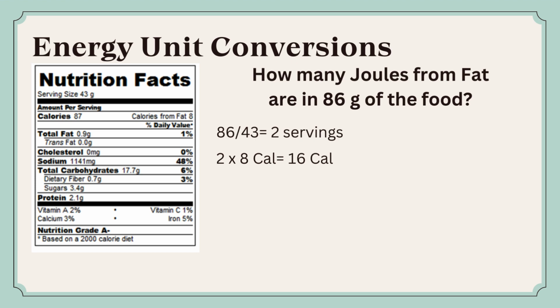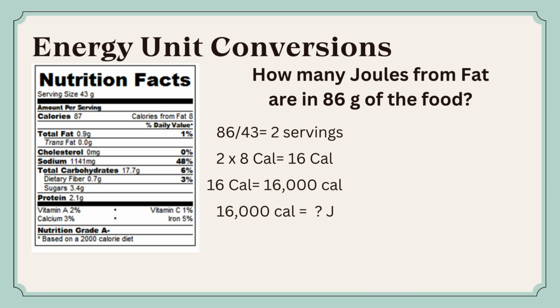Next, you'll have to convert these nutritional calories to basic calories using that definition of 1 nutritional calorie equals 1,000 basic calories. And you'll find that 16 nutritional calories equals 16,000 basic calories, as seen here.